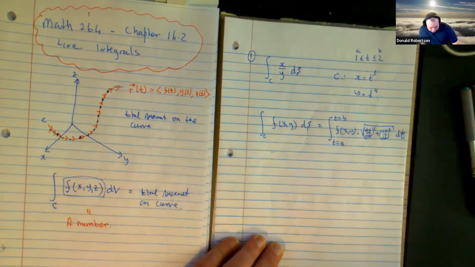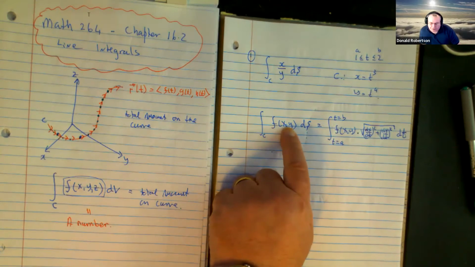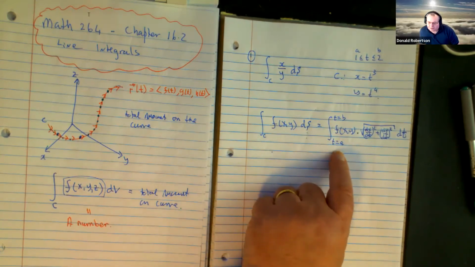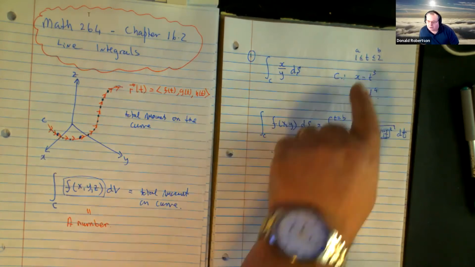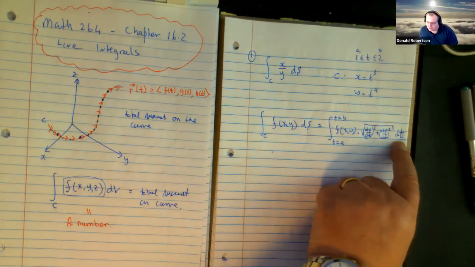So this is the formula for calculating a line integral of a two-dimensional function going through space. You convert it into a single parametric integral from t equals a to b of the original function, followed by this ugly square root dt.